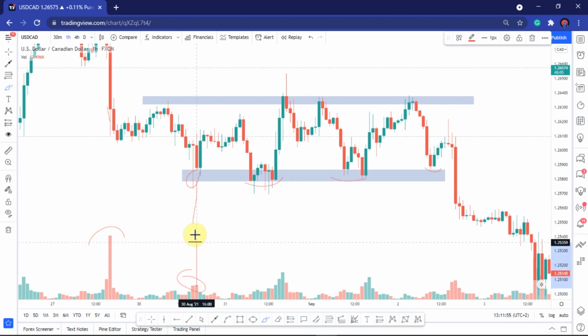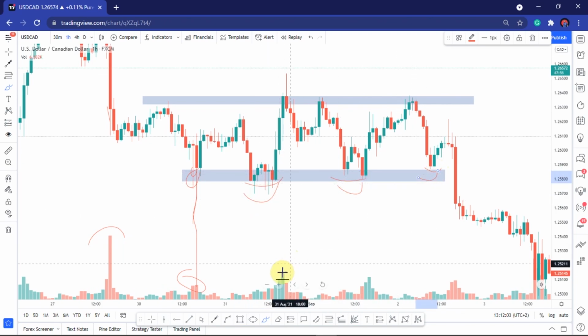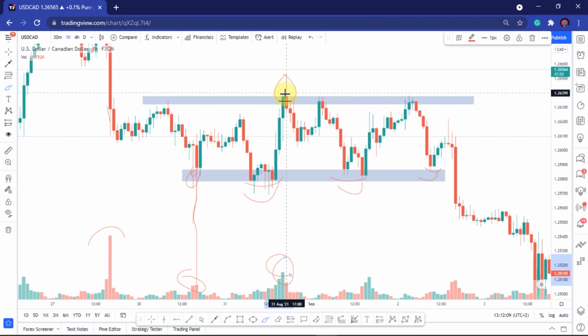And because there was a spike in volume, we see that this low really became a significant low because price reversed, and price reversed again. And also here on this high, we have a spike in volume, and indeed it marked it as a significant high because price reversed, and again price reversed. So you should pay attention to the volume.